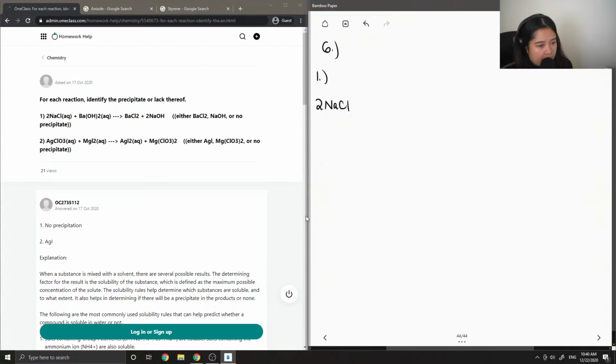We have NaCl plus barium hydroxide, and we need to figure out whether or not these products are soluble or not. So I'm just going to leave them blank.